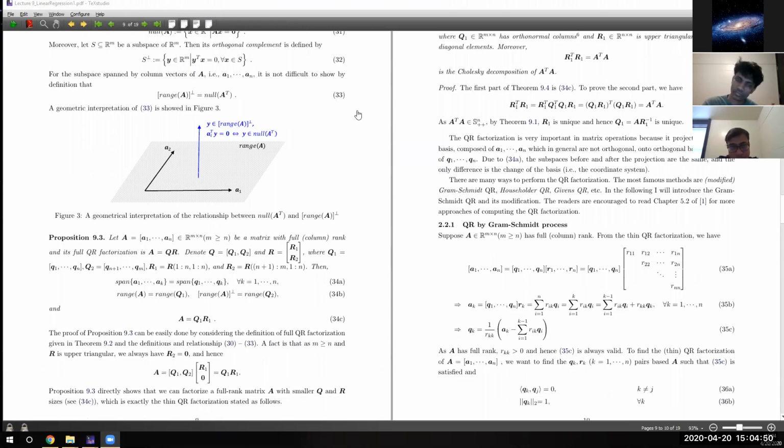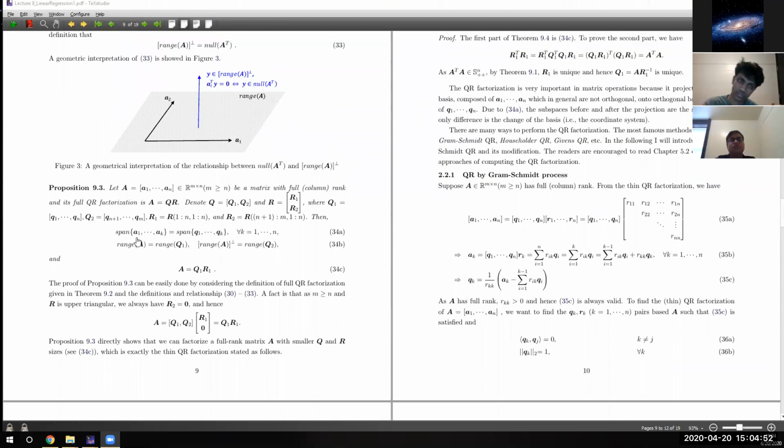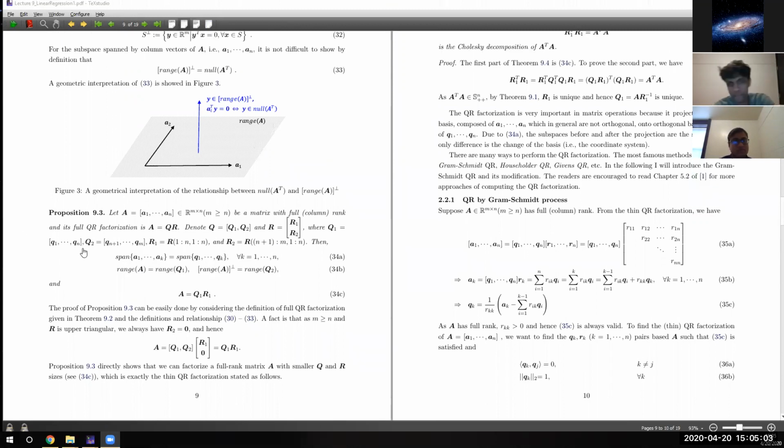And then we showed that the range of the matrix A is equal to the range of the first part of Q, the first n columns. Here we have A as m by n, so m is the number of rows and n is the number of columns.